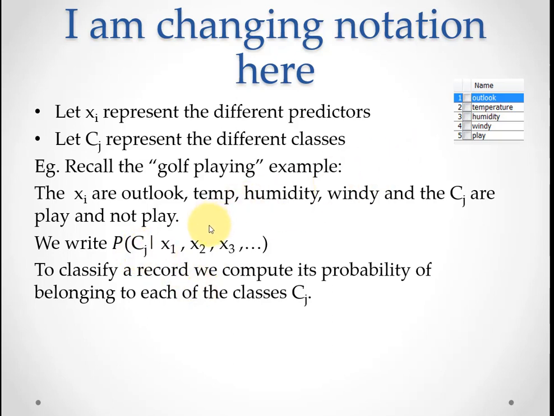In the golf example, there's only 2 classes. So we might calculate, given a set of values for the first 4 variables, what's the probability that they play, what's the probability that they don't play, and then we classify the record by choosing the outcome which is most probable or most likely.